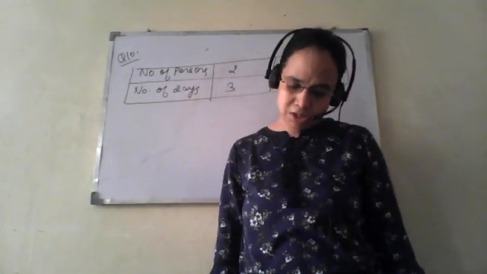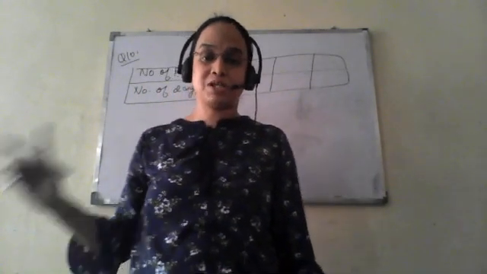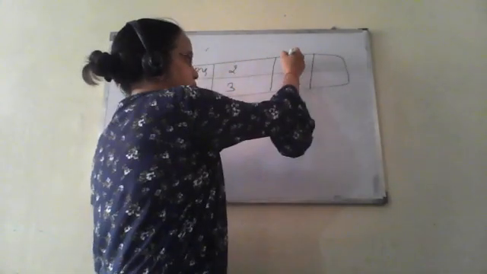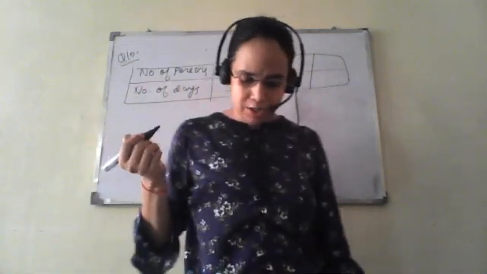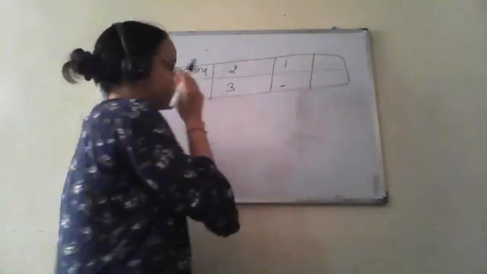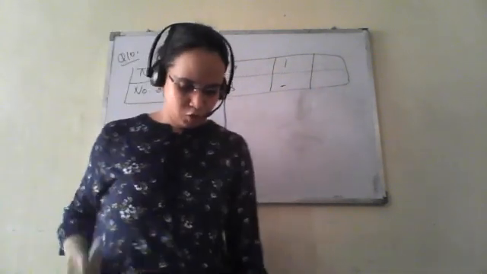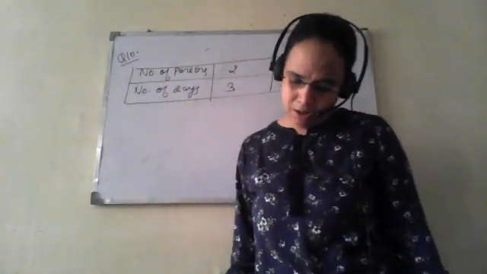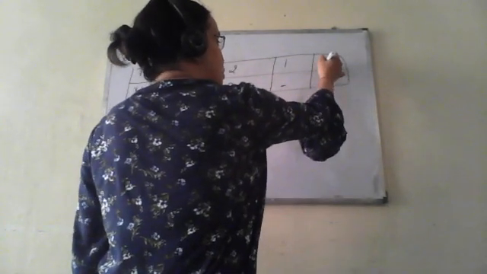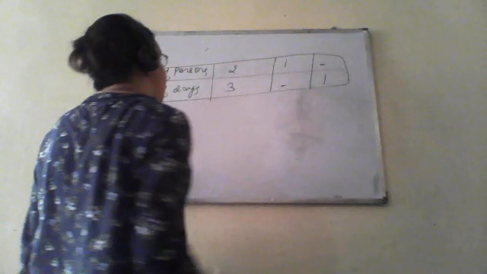It says one of the persons fell ill, which means the number of persons will become one. Initially it was two and one fell ill, so the number of persons is one. How long will it take to do the job? We have to calculate this value. Now in the second part of the question, how many persons would be needed to fit the window in 1 day? We have to calculate the number of persons required.